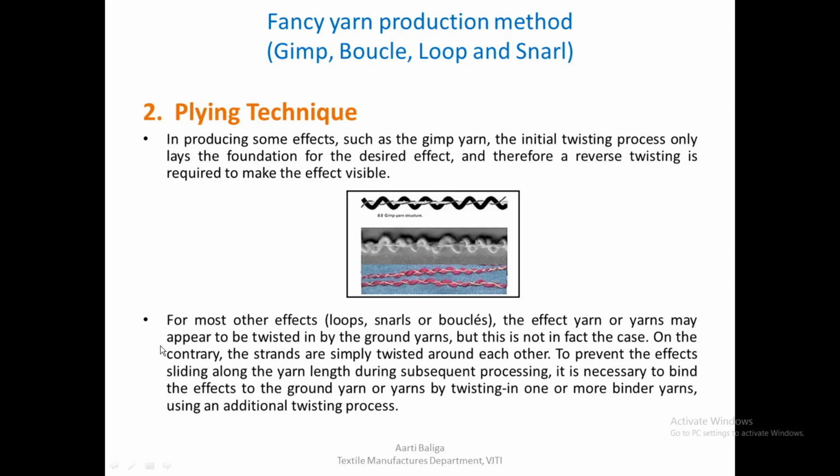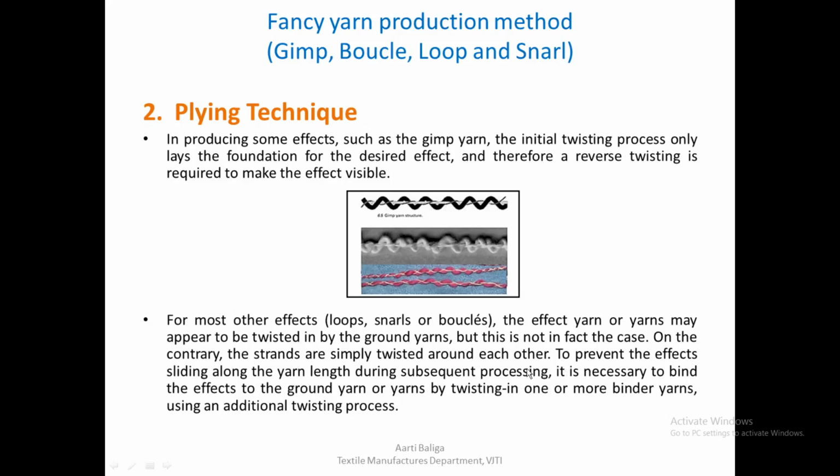And for most other effects, that is loop yarns, the snarls or the boucles, the effect yarn or the yarns may appear to be twisted in by the ground yarns. We have seen that it requires two ground yarns to make these particular yarns, loop, snarl or boucle. And one may assume that the ground yarns will hold on to the effect and keep it in place, but that does not seem to be the case.